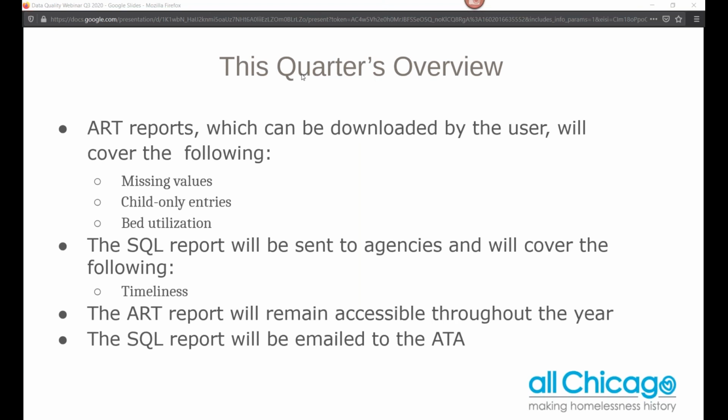So the ART report is available. You could run that whenever you want. It's actually a lot faster than it used to be in the past. We've tried to streamline it a little bit. I think last time I checked, when I ran it, it took me from logging in to getting the report to generate about 6 minutes, which is about 3 times as fast as it was just to even get it to run in the past.